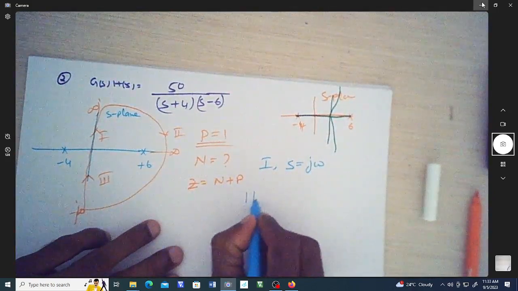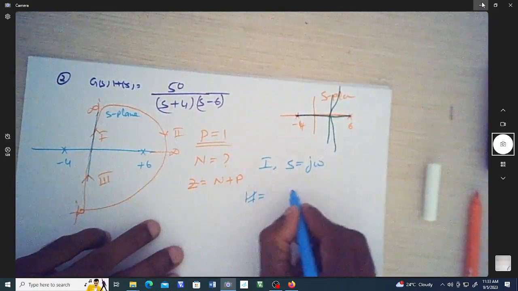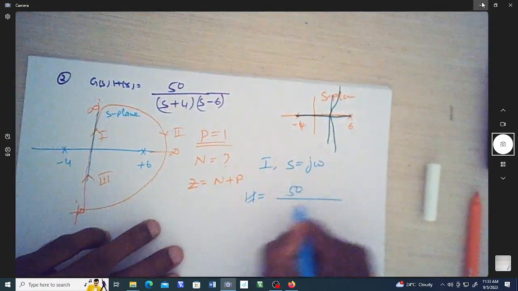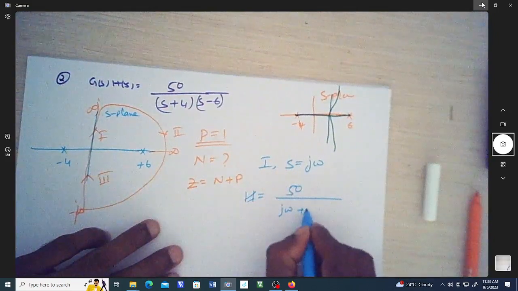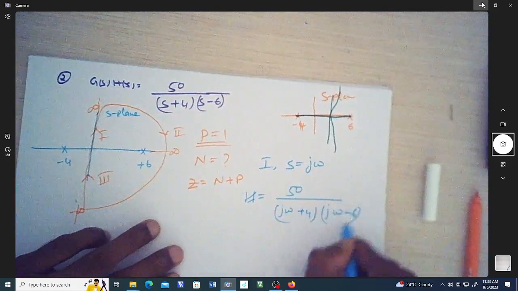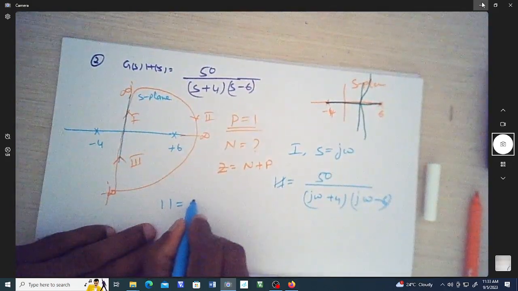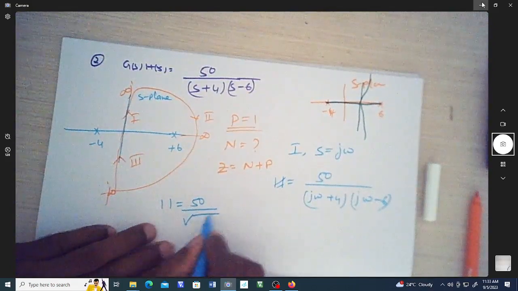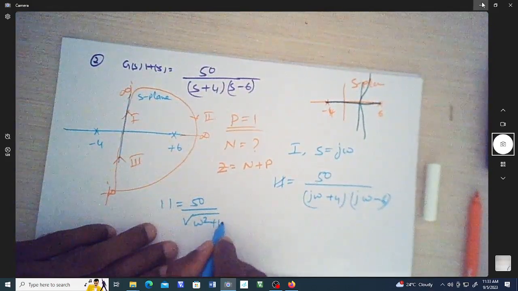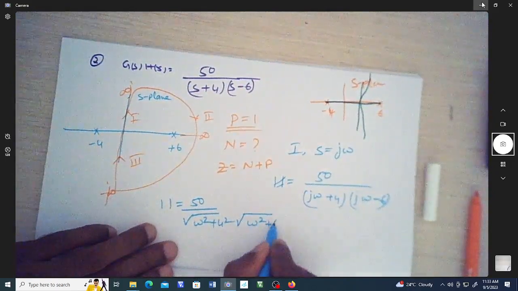Let me first write, replacing S by j omega, it is now 50 divided by (j omega plus 4) times (j omega minus 6). Let me get the magnitude of this, which is 50 divided by the square root of (omega square plus 4 square) times (omega square plus 6 square).